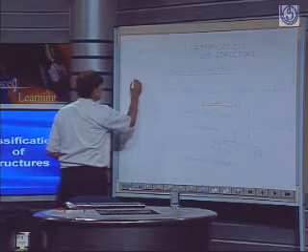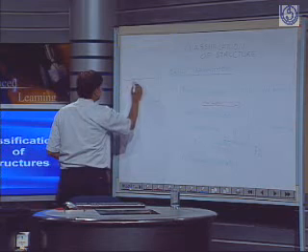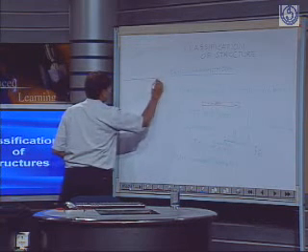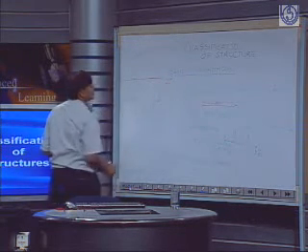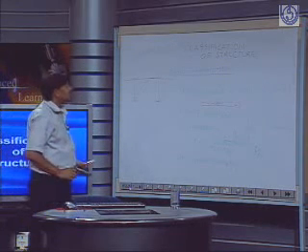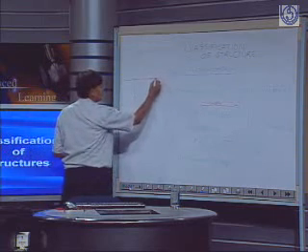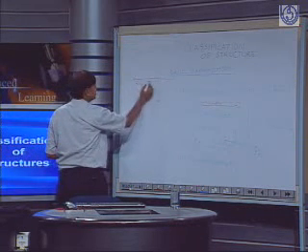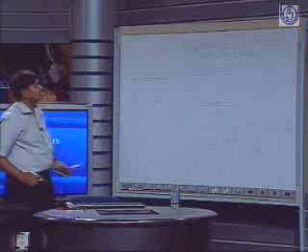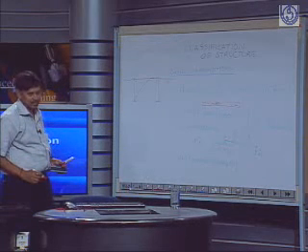If this is a structure and you apply a load here and it deforms in such a fashion that these angles are appreciably changed, we can see, then we can say that the geometry has appreciably changed.